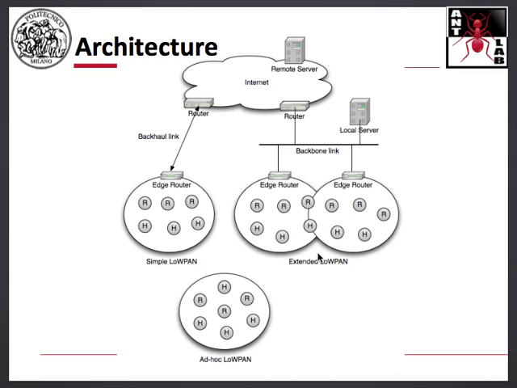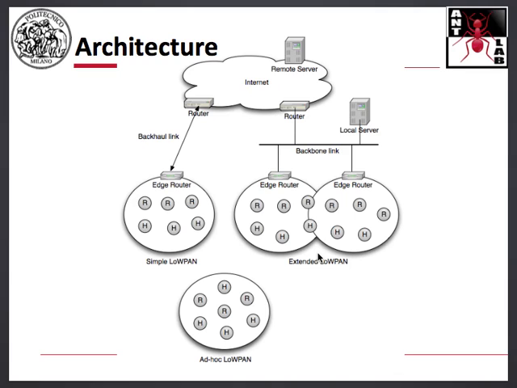So if you move from here with your smartphone to another room, you're always connected to the Polimi Wi-Fi network, even if physically you connect to different access points. And this kind of service is implemented using an architecture which resembles the one you see in the slide. And the same stuff happens in 6LoWPAN.